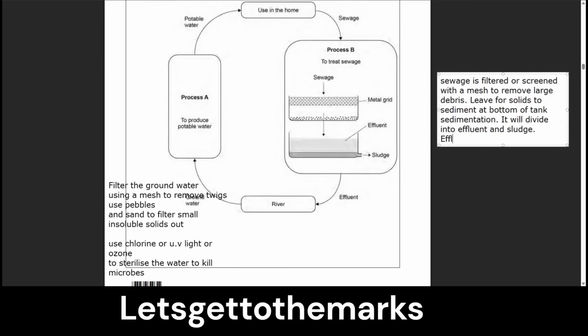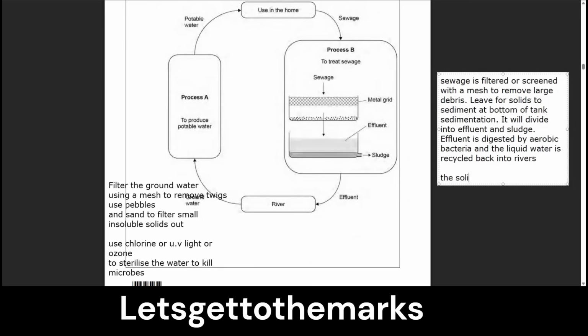What we're going to do with the effluent is digest it with aerobic bacteria, and the liquid water is recycled back into rivers.